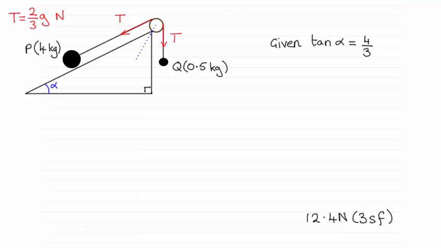If I mark on those two angles, let's call them theta, then all I need to do is figure out what angle theta is, and then I can resolve in the direction of this dotted line, and I'd know that the resultant force would be T cosine theta plus another T cosine theta, 2T cosine theta in other words.